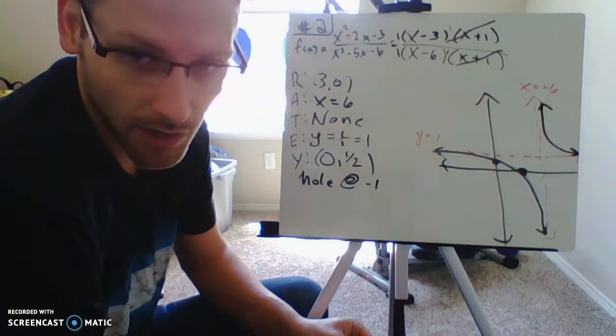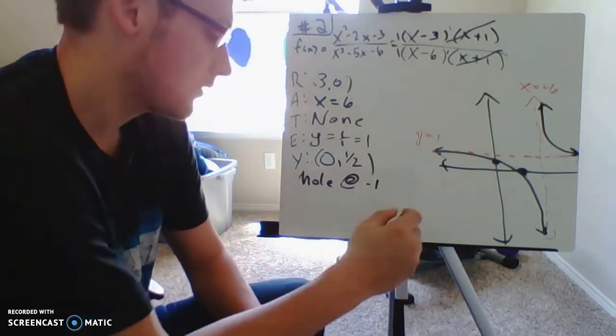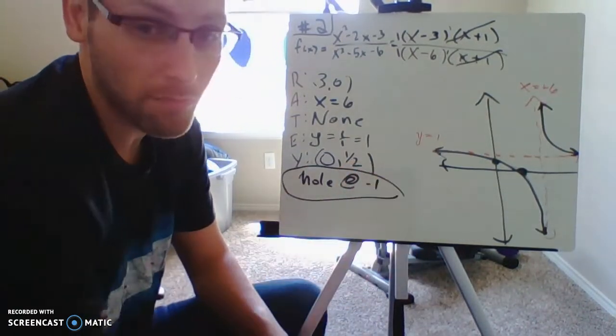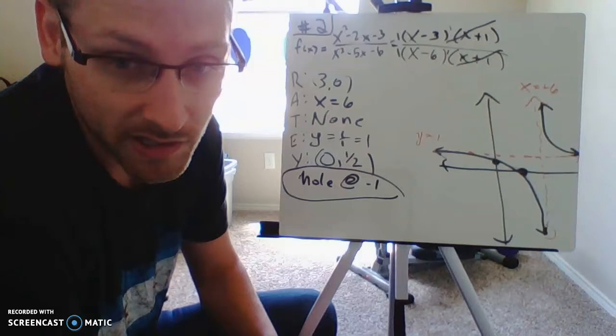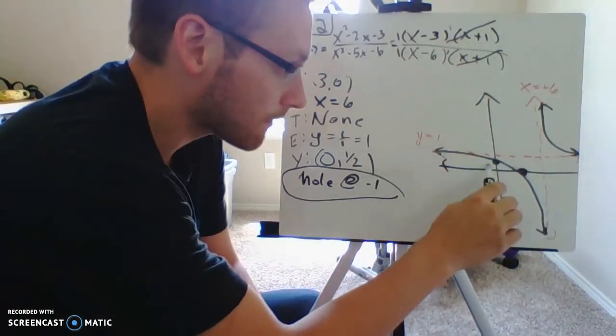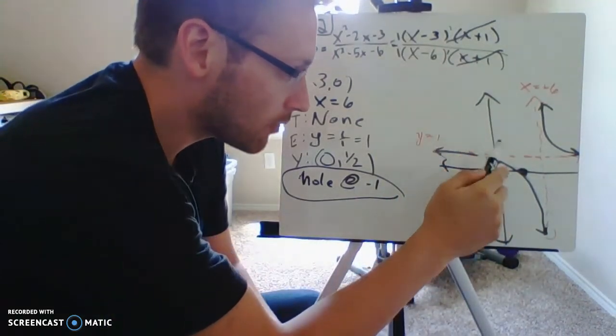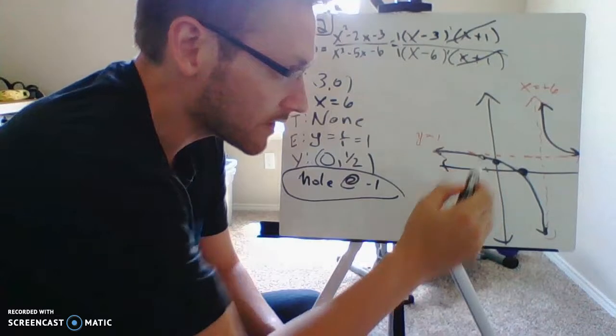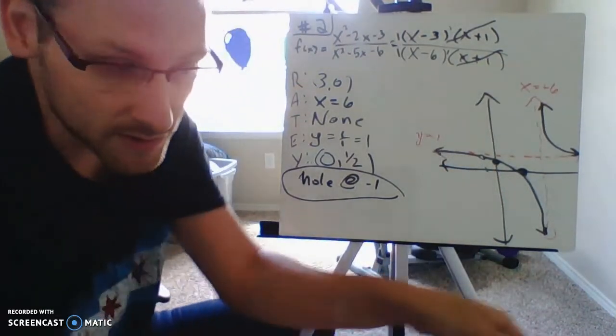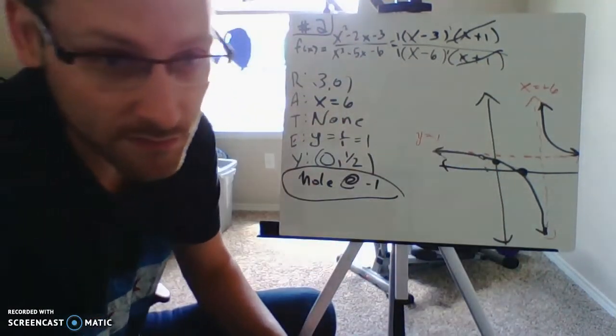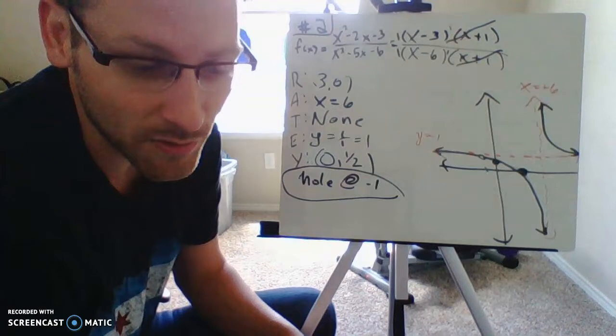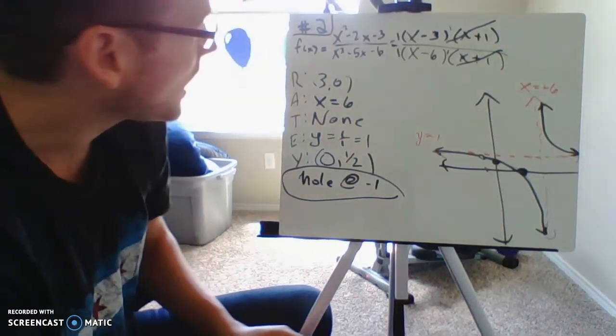And that is your graph, but we're missing one thing. And this is the whole reason why we're doing this problem. We need to remove the point at -1. So at -1, we need to take that point and remove it. What I've done there is I've just taken that 1 point out, because then I would have divided by 0, which is a big no-no. All right, that's number 2.